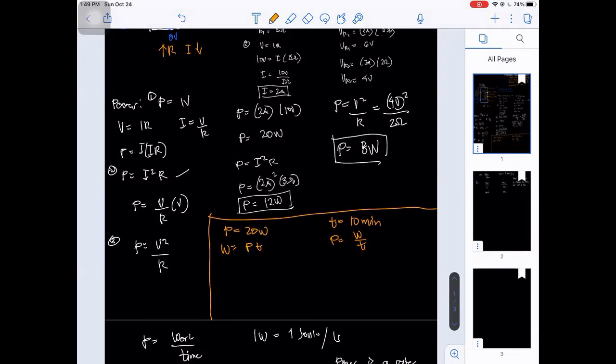So we will convert 10 minutes. 60 seconds is equivalent to 1 minute. And since the power drawn from the battery is 20 watts, which is 20 joules per second, we can now cancel this one, also this one.